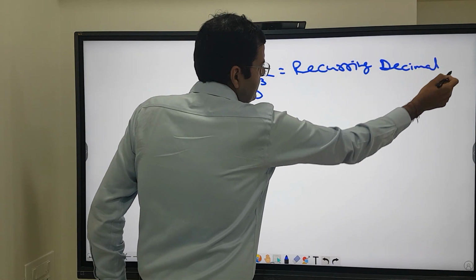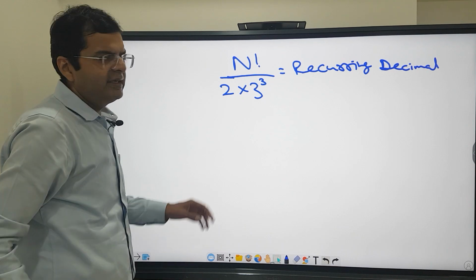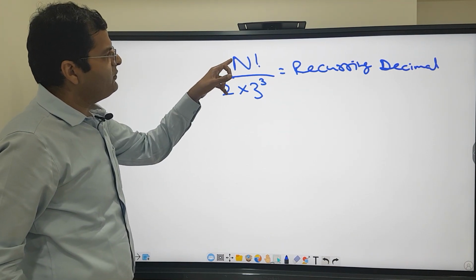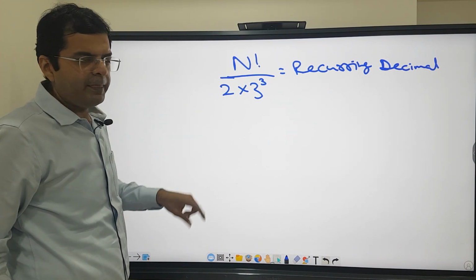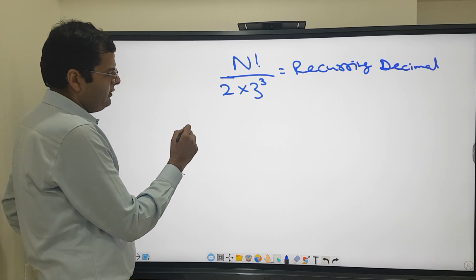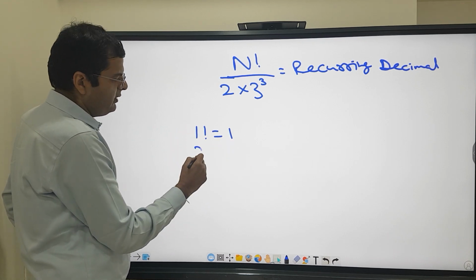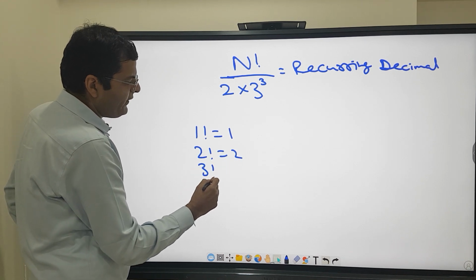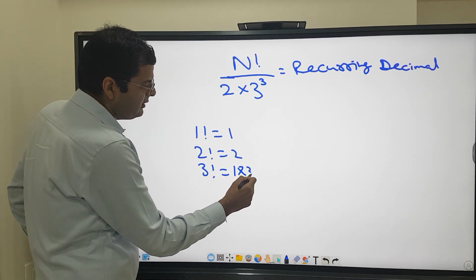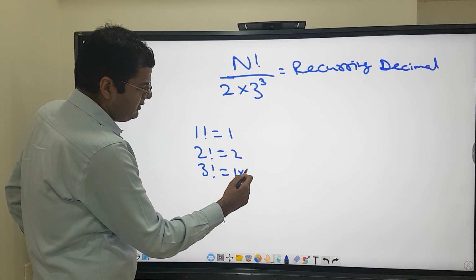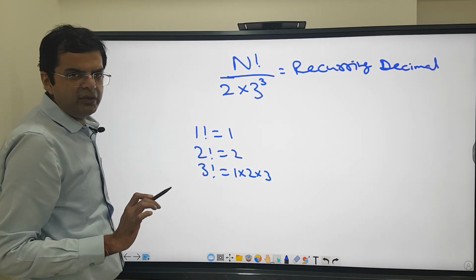Now we know that to maximize n, we have to have the power of 3 to be 2. If I take 1 factorial, it is only 1, 2 factorial is 2, and 3 factorial is the first time I encounter a 3.